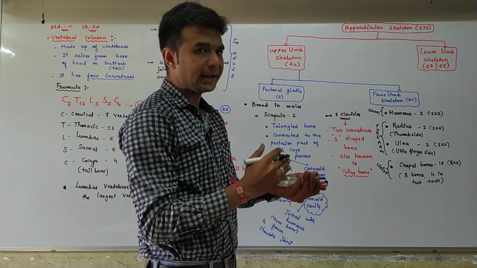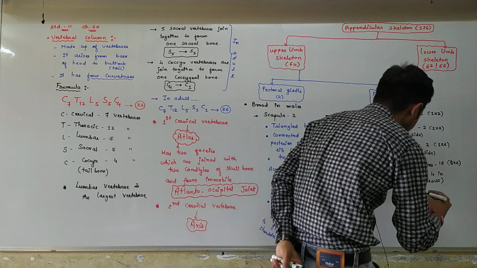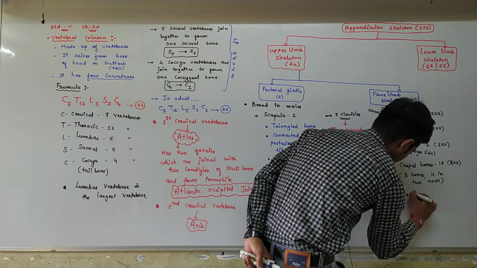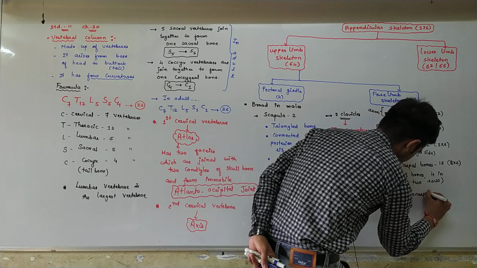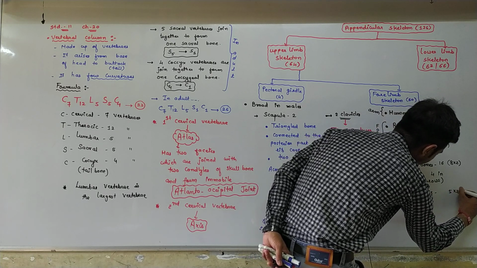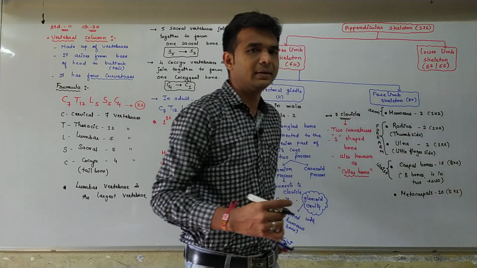Now move ahead. In the palm region, metacarpal bones are there. Actually metacarpals are 5, so a total of 10 metacarpals are there.